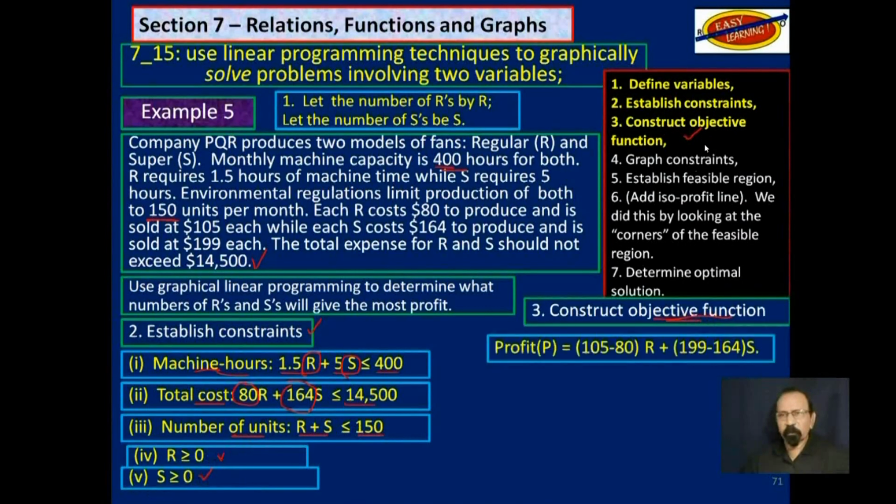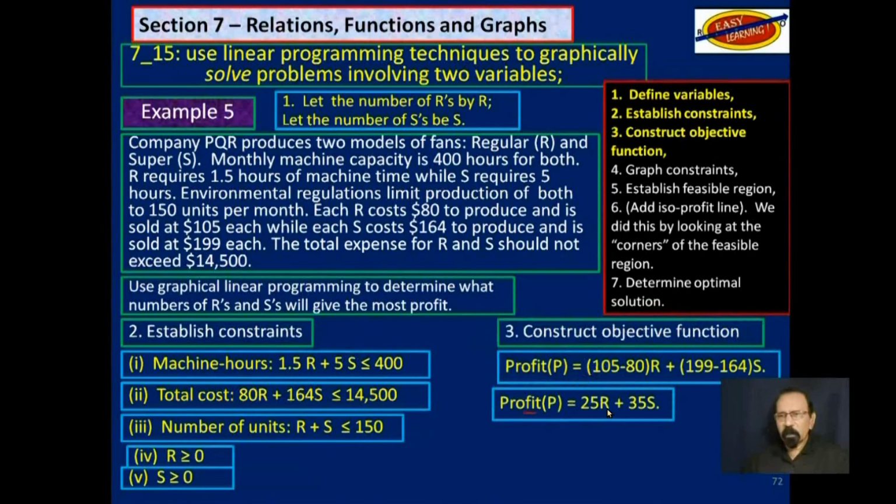So the profit will be 105 minus 80 times R plus 199 minus 164 times S, which works out to be $25 per unit of R and $35 per unit of S. So the profit is 25 R plus 35 S. That is extremely crucial. Profit: 25 R plus 35 S.